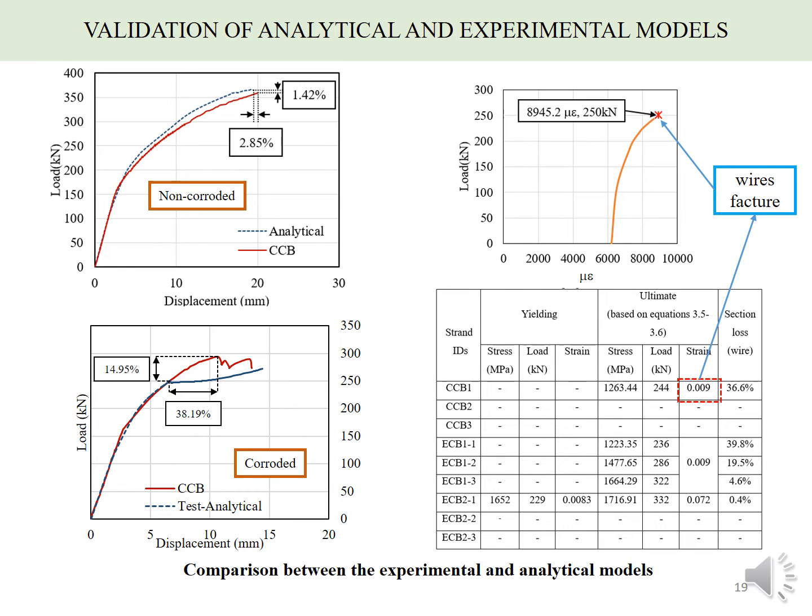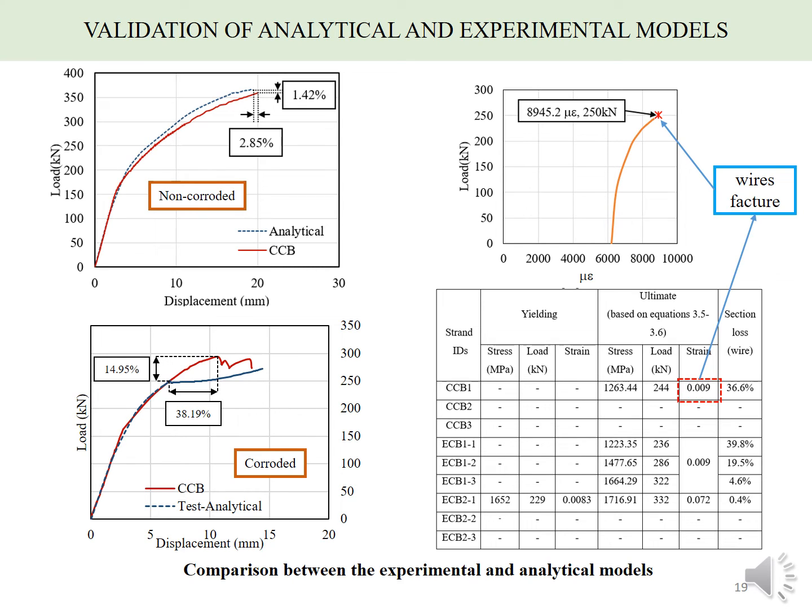As a result, from this graph, it showed that for the non-corroded strand, there is a 1.42% difference in terms of load and 2.85% in terms of displacement. As for corroded strands, about 14.95% different in terms of load, and 38.19% in terms of displacement.